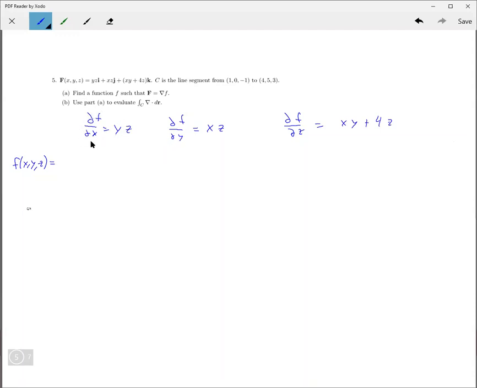Okay, so what function has a partial with respect to x that is yz? So take an antiderivative here of this. Sort of do some antiderivative stuff here. And what would work?